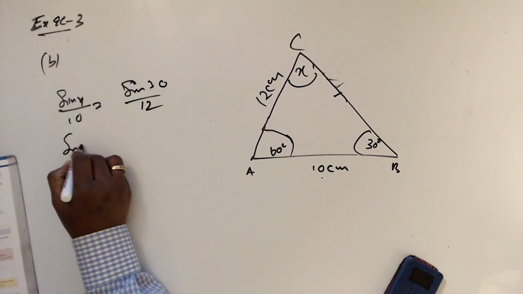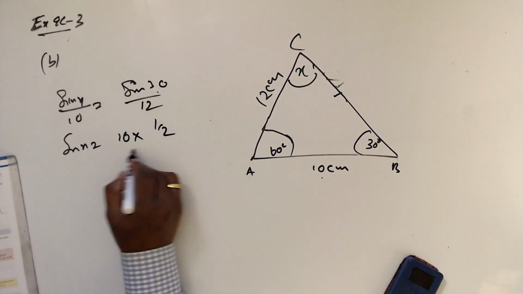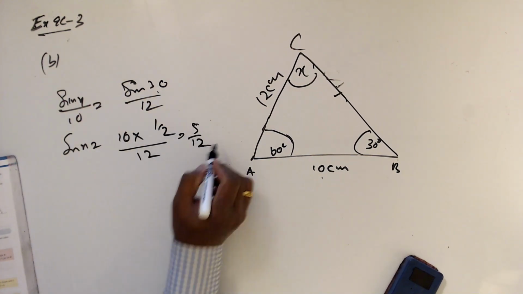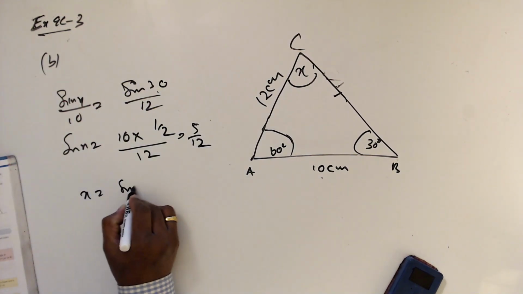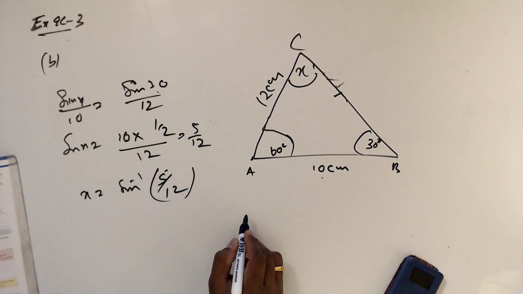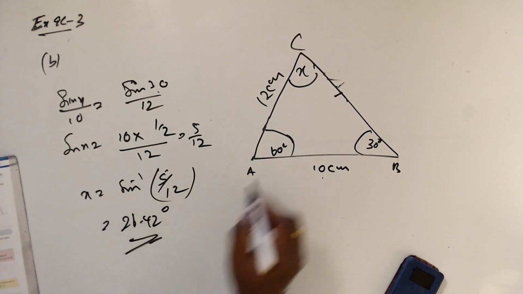So sine X equals 10 sine 30, which is half, over 12. 10 times half is 5 over 12. X equals sine inverse 5 over 12, which is 26.42.